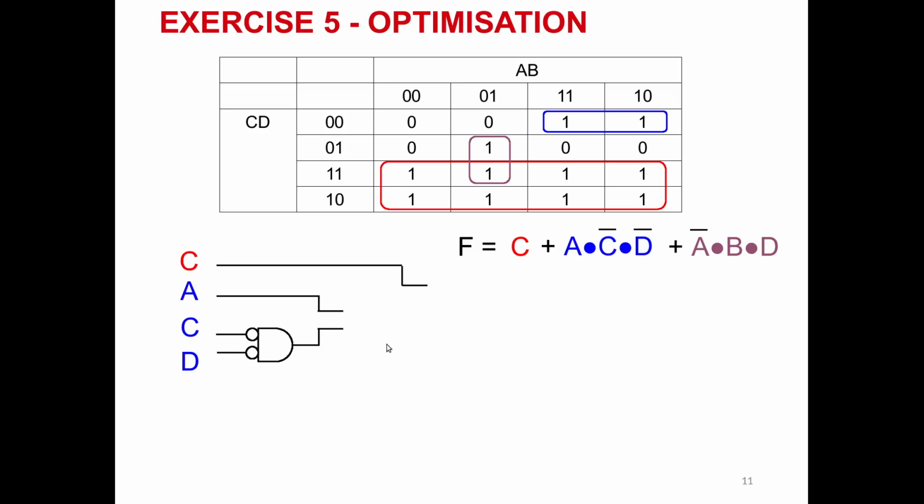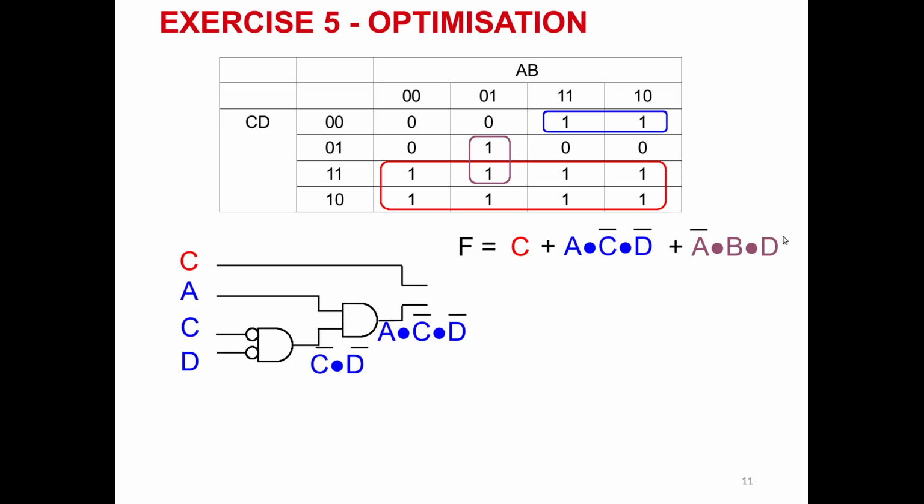We will have not C and not D available here. And so we make one more AND here. We will have the value of A and not C and not D.